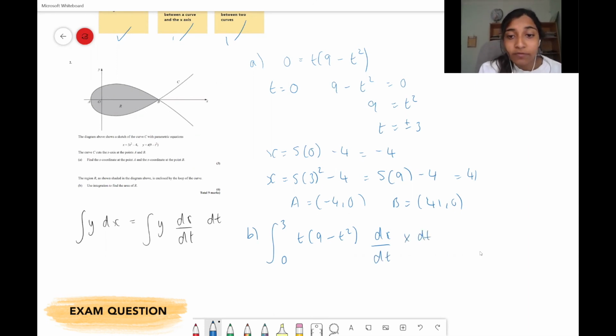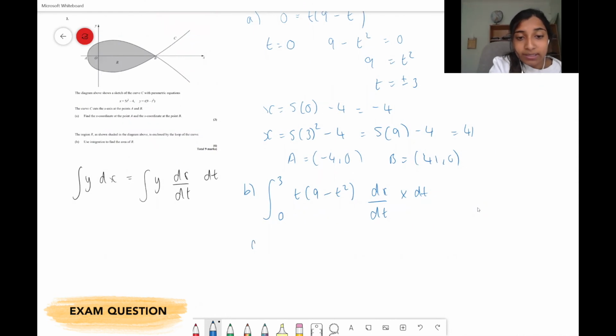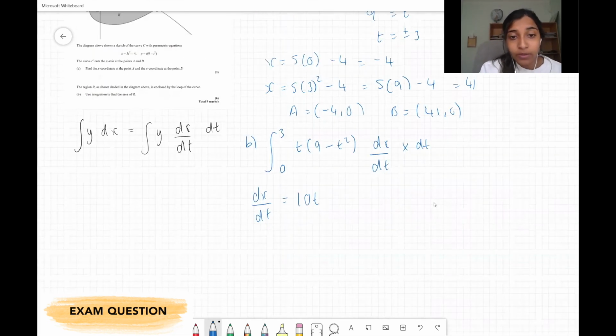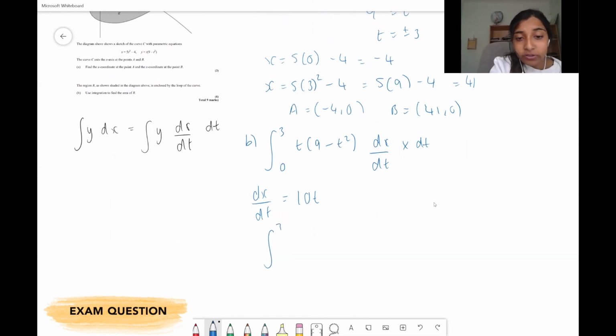So now we just want to find what dx over dt is. If we differentiate 5t squared minus 4, the derivative of 5t squared is just 10t, and the derivative of 4 is just 0. So then we want to find the integral between 3 and 0 of t times 9 minus t squared times 10t dt.